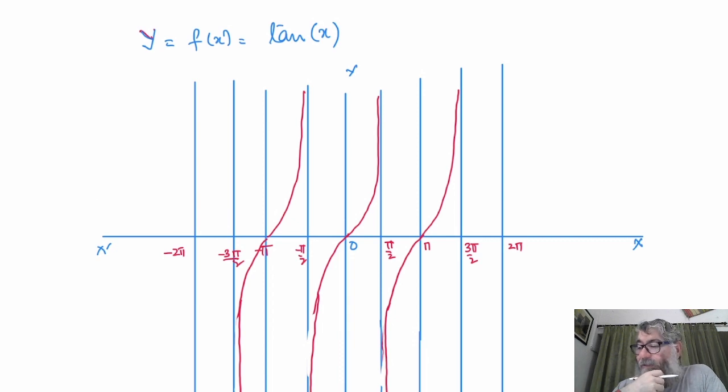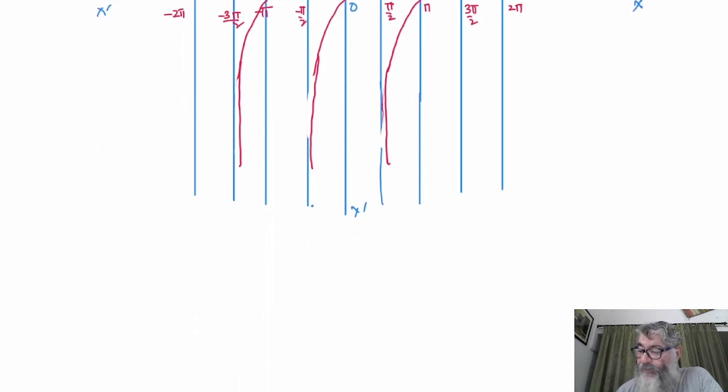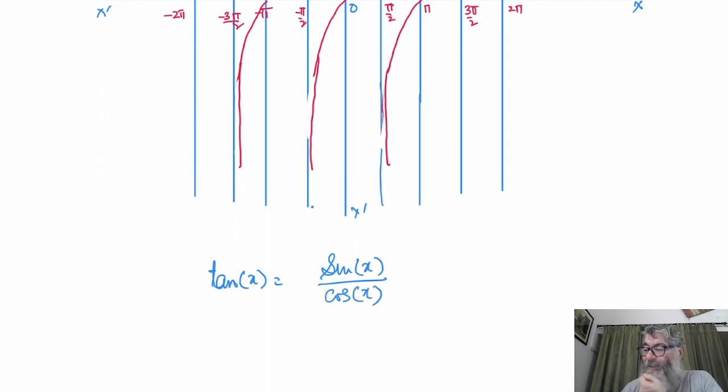You see, tan x is defined as sin x upon cos x.